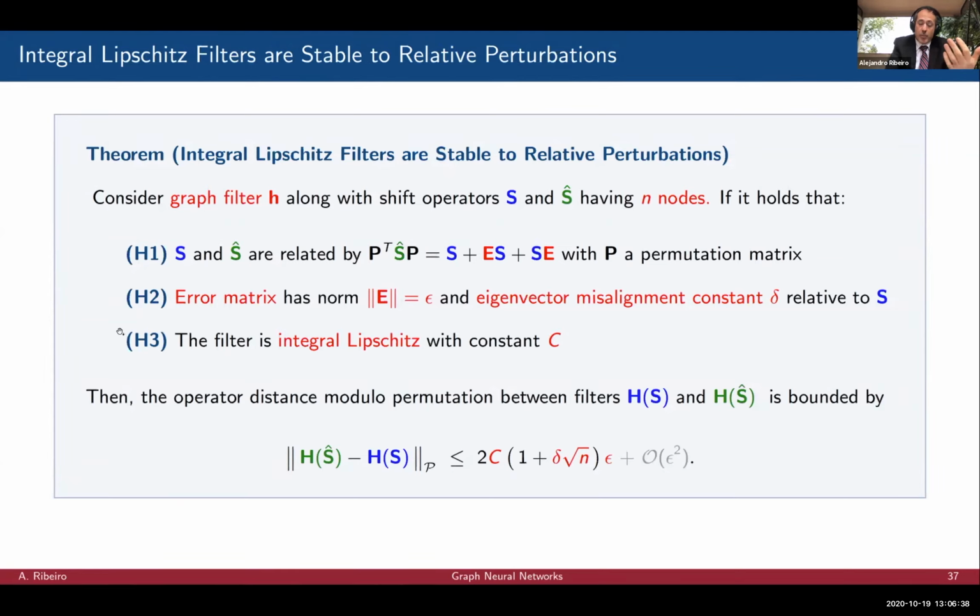It says that if, hypothesis number 1, S and S hat are related by this expression, which is now not an additive perturbation model but a relative perturbation model, the error matrix E still has norm epsilon and still has eigenvector misalignment constant delta, that's again measured with respect to S. But the filters now are required to be integral Lipschitz with constant C. With these assumptions, this bound can be established, which is very similar to the bound we had before, except that now we have a 2 multiplying the bound, but other than that, it reads identical.